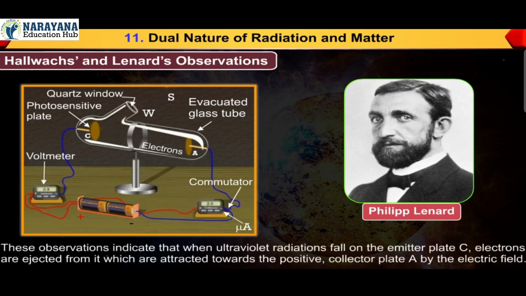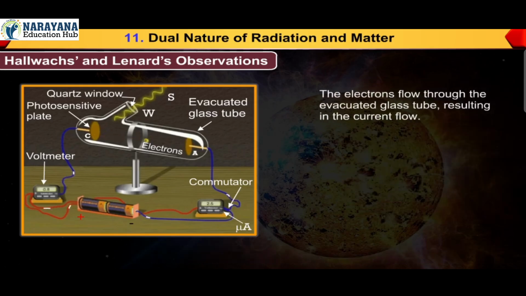These observations indicate that when ultraviolet radiations fall on the emitter plate C, electrons are ejected from it which are attracted towards the positive collector plate A by the electric field. The electrons flow through the evacuated glass tube, resulting in the current flow.